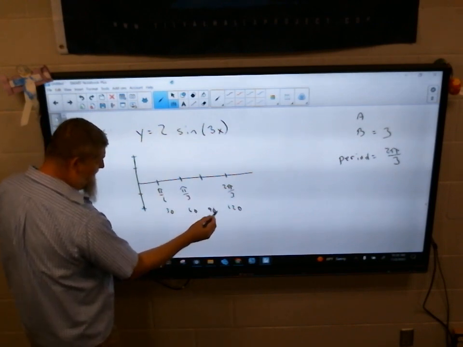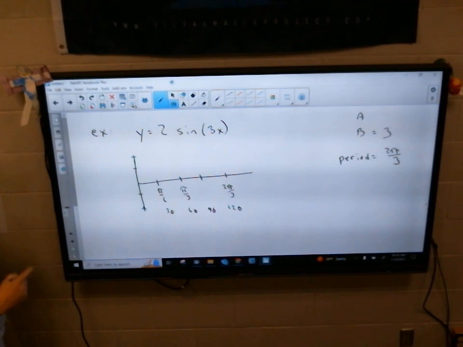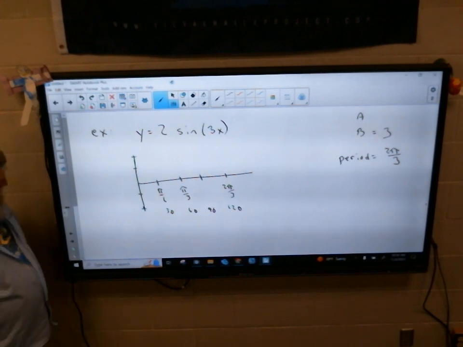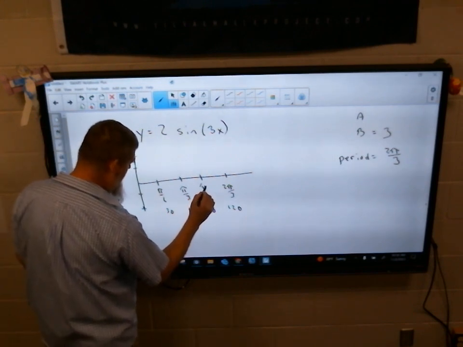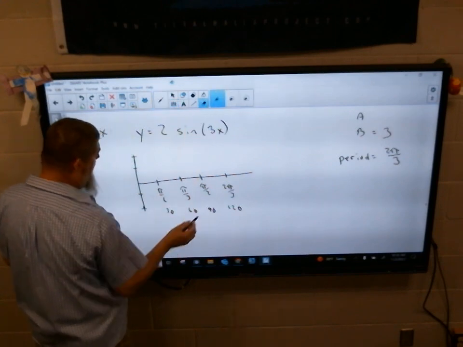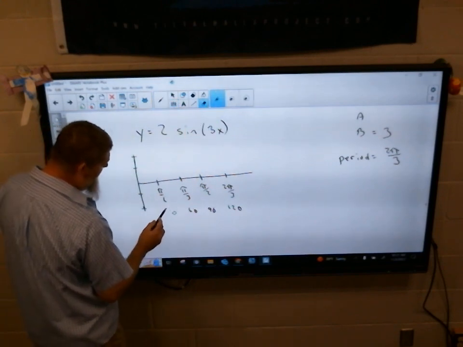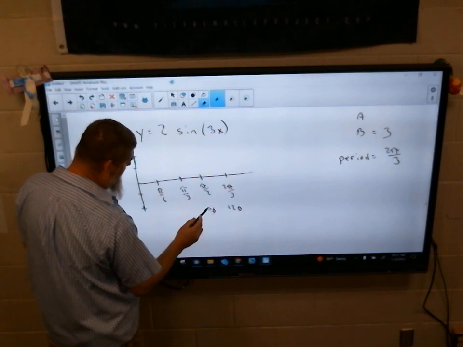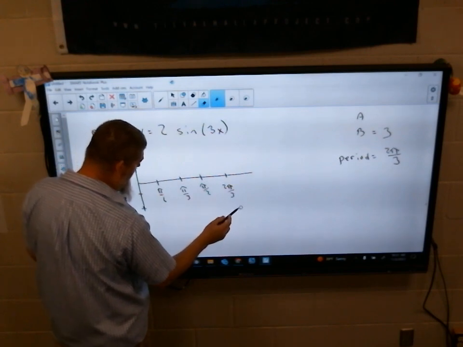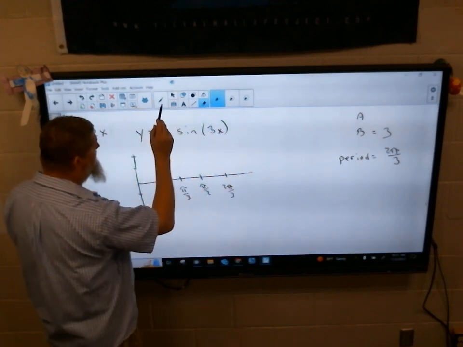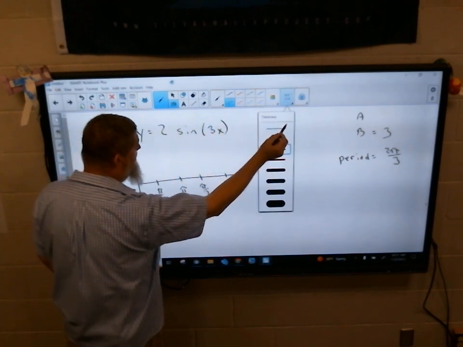Because it's halfway between 60 and 120, right? And that's going to be what? Pi over 2. So if it does help for now, think of the degrees, but eventually I simply want you to do the radians.